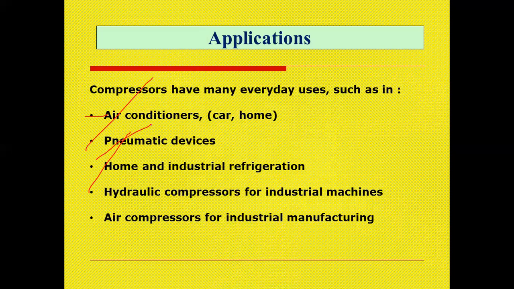Next, hydraulic compressors for industrial machines and air compressors for industrial manufacturing. So the use of compressors is widely spread in almost all sectors in order to fulfill the work and complete the task within less time. That is the main thing we require now, right? Fast service, right? Next.